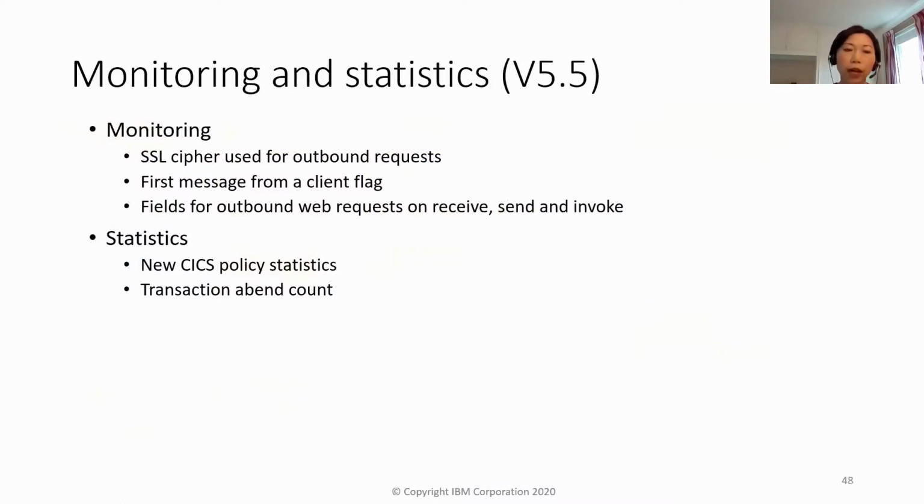In 5.5, we enhanced monitoring on the SSL cipher, which is useful for the outbound request. And also we have fields for the outbound web request on the receive, send, and invoke.